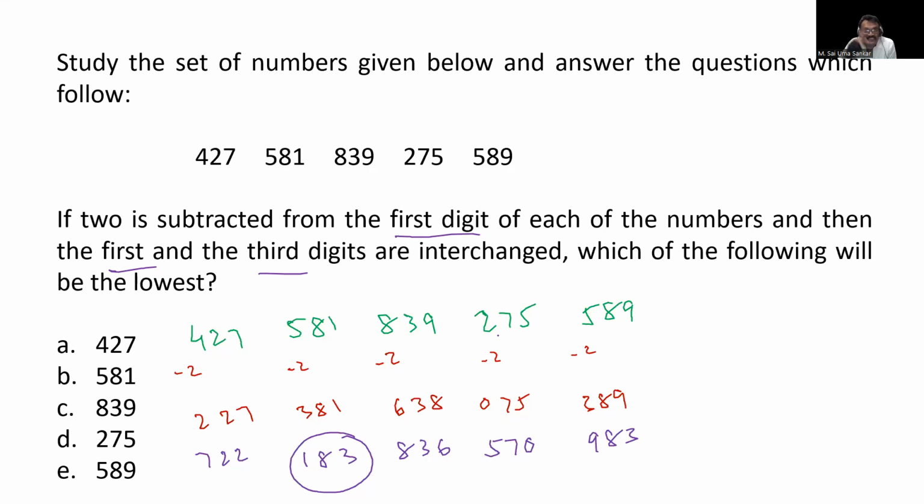Now interchange first and third, then the first digit becomes the third digit or not. So we require the lowest value. Suppose if you subtract 2 from any one of these numbers, the lowest number becomes 581 only. Why? Because the first and the third digits are interchanged. So 581 becomes 185. Okay. So what is the answer? Option B is the correct answer.